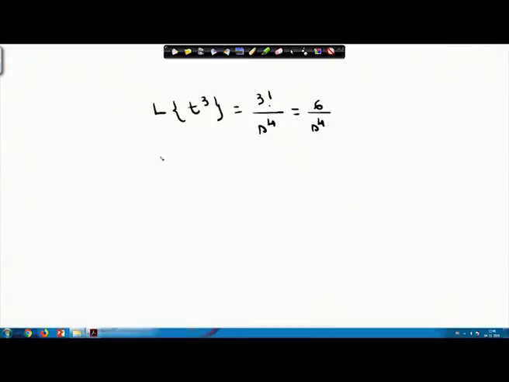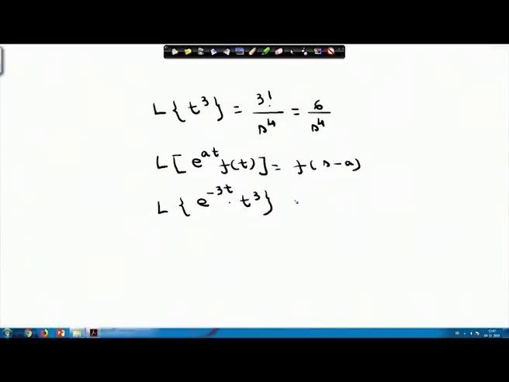Also, we have this theorem, we know that the Laplace transform of e power a t f t is equal to F of s minus a. So, the Laplace transform of e power minus 3t into t cube is equal to, already you know the Laplace transform of t cube is 6 by s to the power 4, and the Laplace transform of e power a t f t is F of s minus a. Therefore, using this property for e power minus 3t into t cube, a is equal to minus 3.